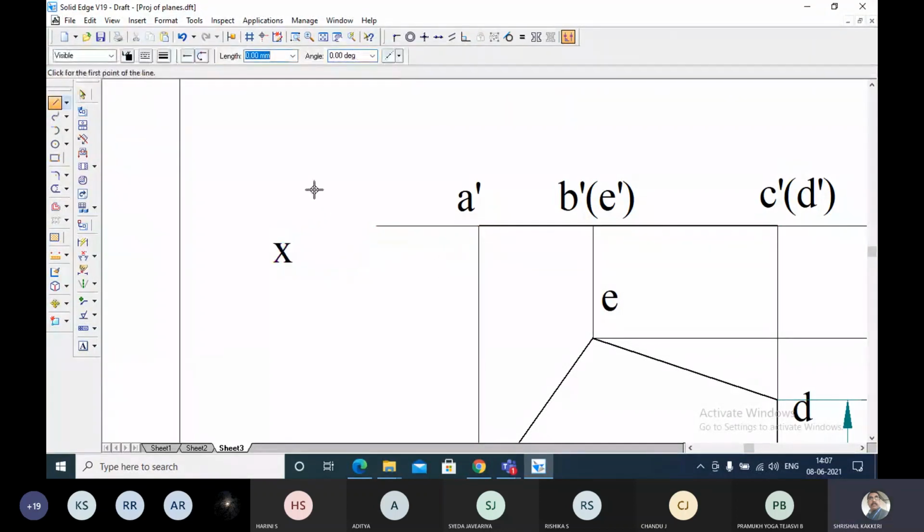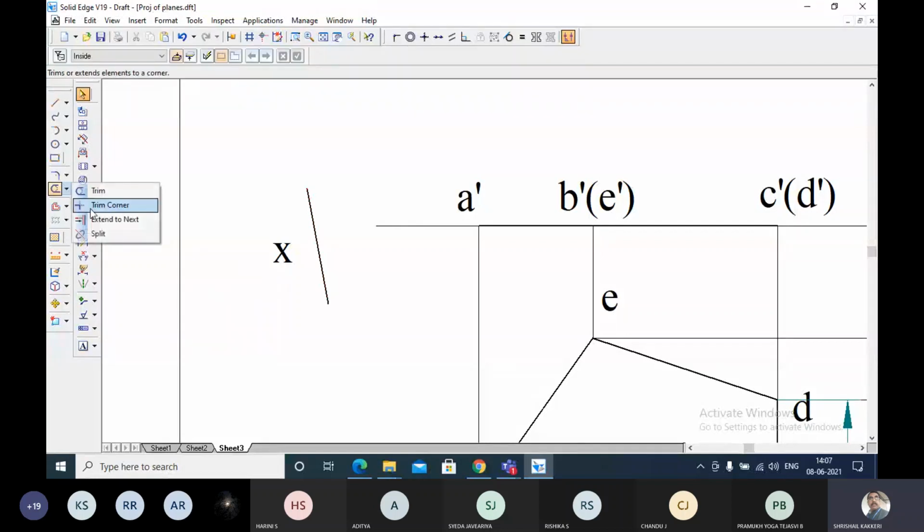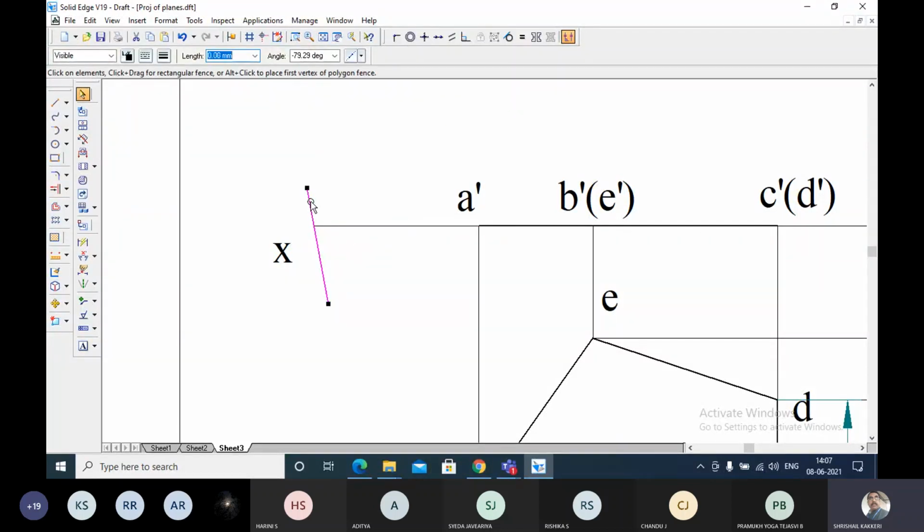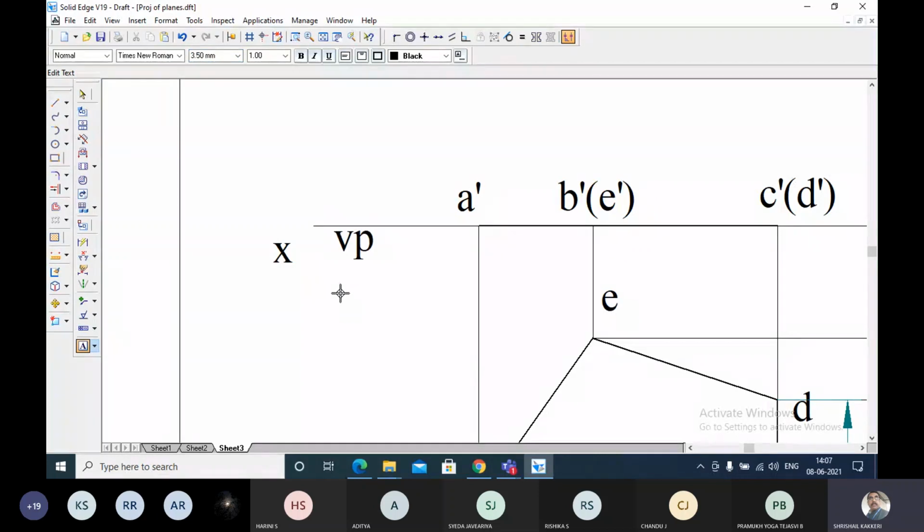Why am I moving? I want to write VP, HP. That initial dimensioning will be carrying the marks. Initial dimensioning will be carrying the marks. Okay, it is the vertical plane and this is the horizontal plane. Now let me keep it properly.